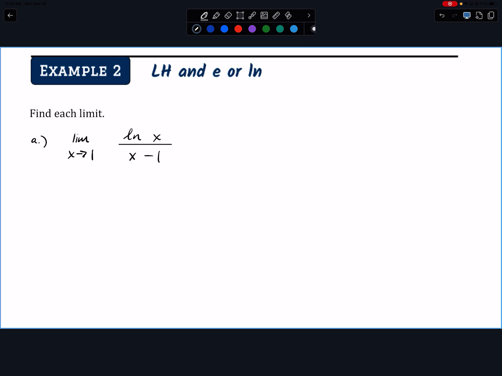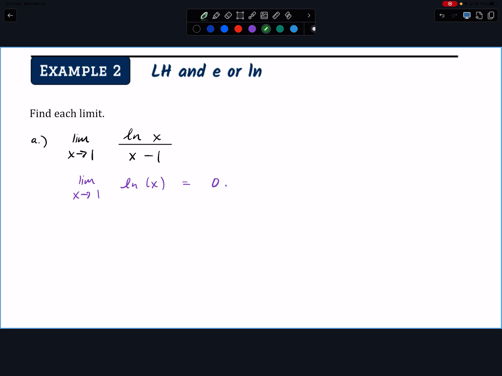So what's the first thing you should try to see if you have to use L'Hopital's rule? Plug it in. Okay, so if I plug it into the top, the limit as x goes to 1 of the natural log of x. If I plug in 1, guys, what's the natural log of 1? It's 0.